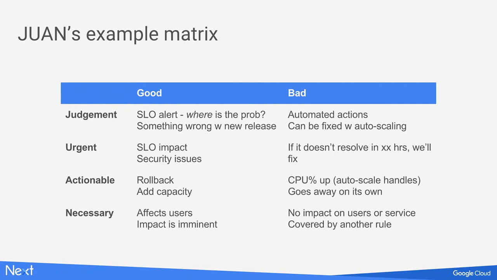So you have to make some judgment there. Bad example is when automated actions, such as server restarts, take care of things, and you still get alerted on it, even though the automated action took care of things. Or when something is a problem, but it can be simply fixed with autoscaling. If autoscaling is doing its job, you shouldn't be alerted on it, even if resources are kind of being stressed.